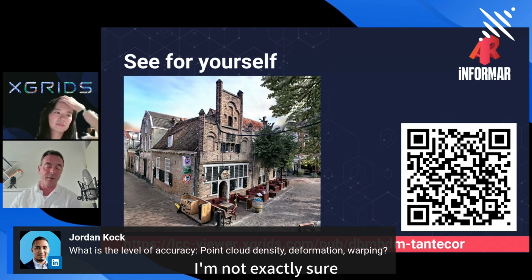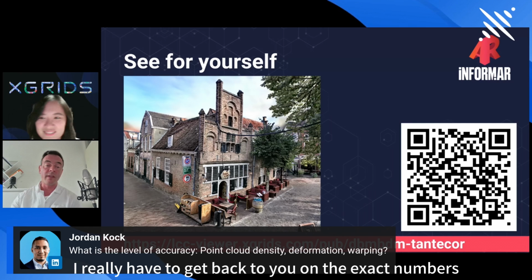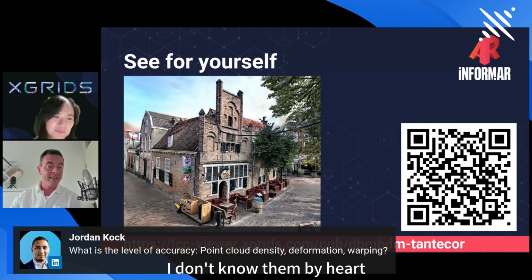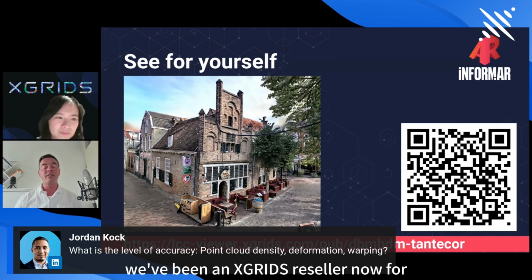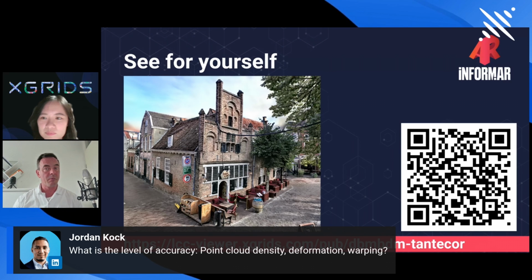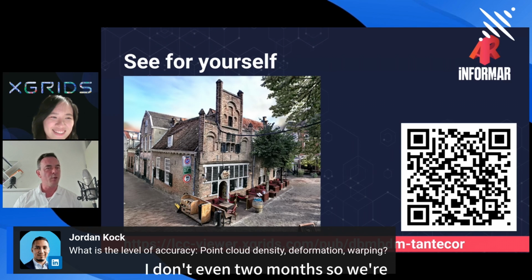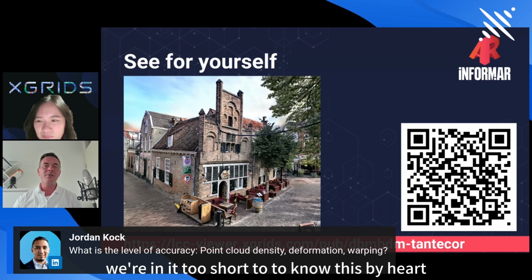I'm not exactly sure. I really have to get back to you on the exact numbers. I don't know them by heart. We've been an XGRIDS reseller now for, I don't think we're even 2 months. So we're in it too short to know this by heart.